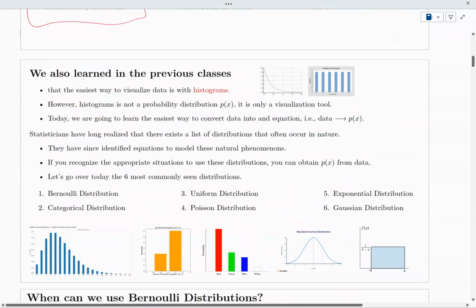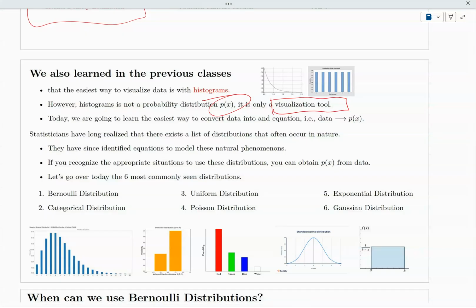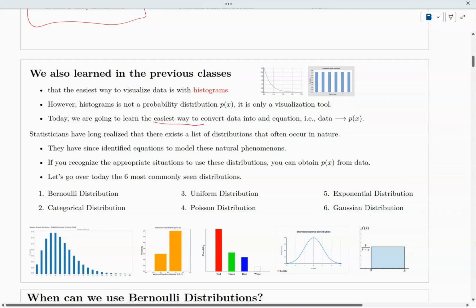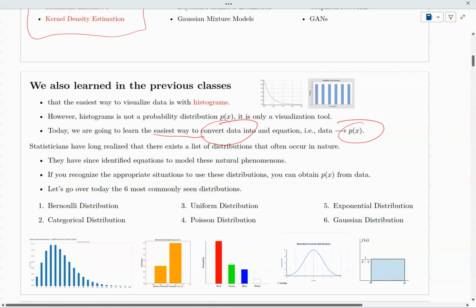We've also learned in the previous class that the easiest way to visualize data is the histogram. However, histograms are not probability distributions. They are more of a visualization tool. We can visualize the distribution, but it's not the same as a mathematical function. Today, we're going to learn one of the easiest ways to convert data into a distribution.